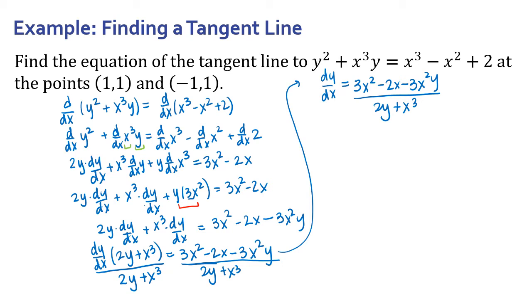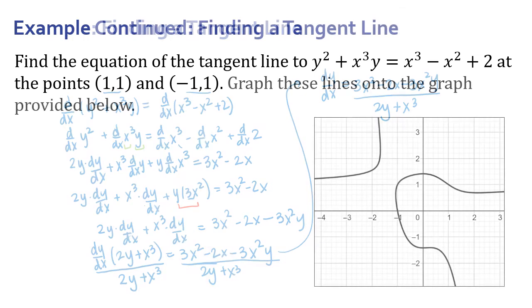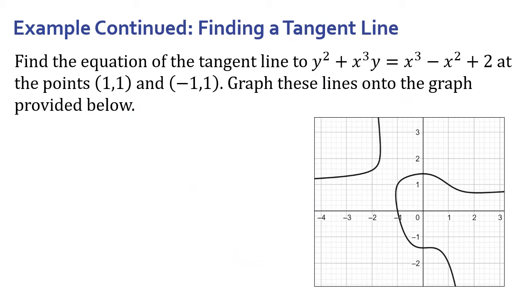So now what we can do is actually use these values to find the slope of the tangent at these specific points. So let's do that on the next slide. Okay, so again, we found that our formula for the slope of the tangent, or the derivative, at the specific x and y value is 3x squared minus 2x minus 3x squared y all over 2y plus x cubed.